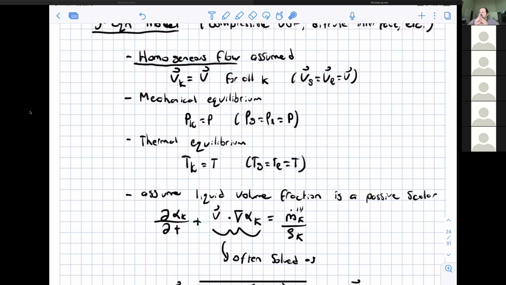We're also going to assume thermal equilibrium, that is, the temperature of all the different materials is the same in each computational cell. Some folks will relax this assumption and assume different temperatures.